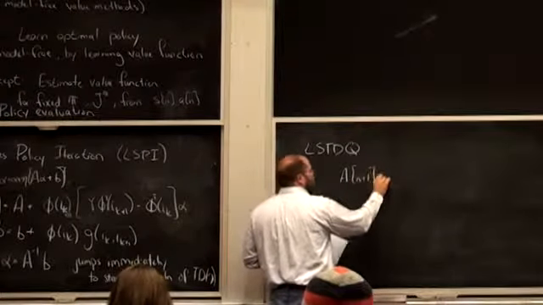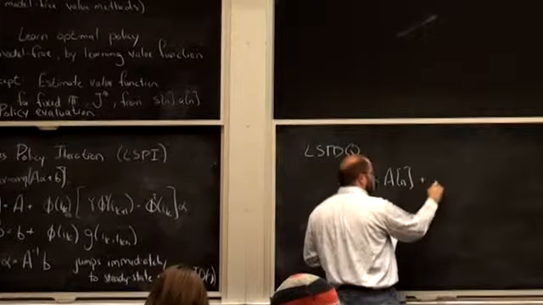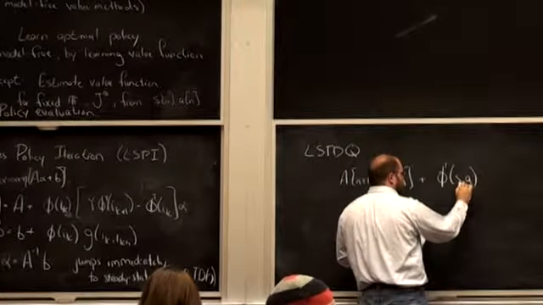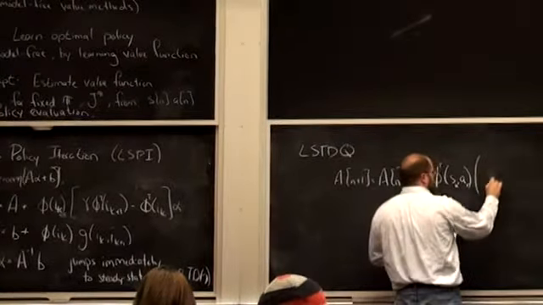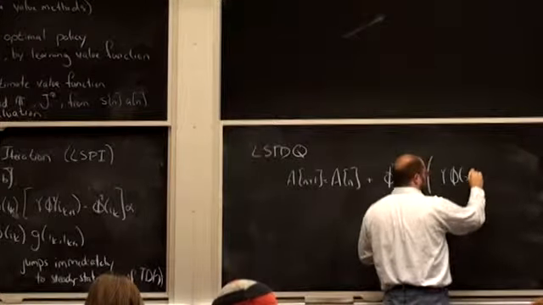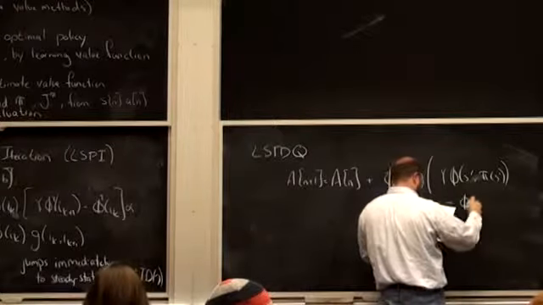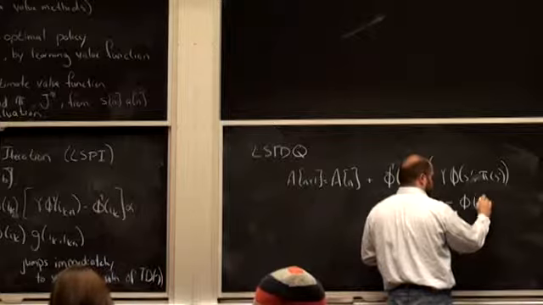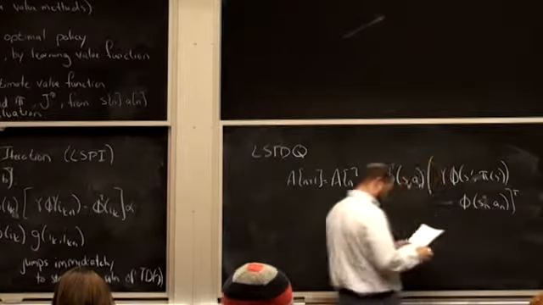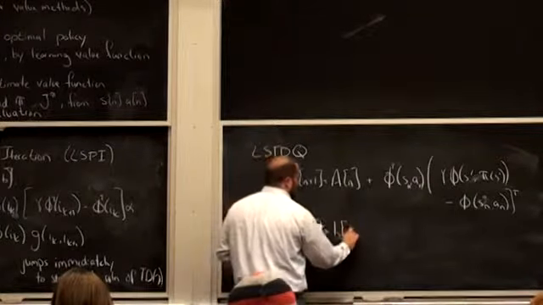If you keep a matrix in exactly the same form as we did in least squares temporal difference learning, but now we do everything with functions of s and a. The exact form of the update really doesn't matter too much. I just want you to know the idea here.